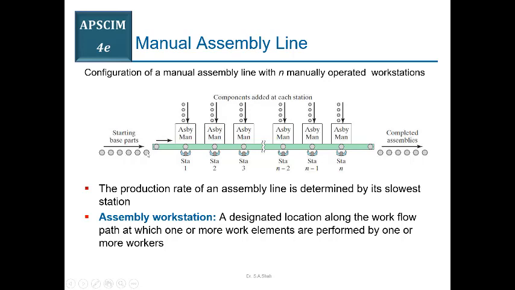So basically, in an assembly plant you have two types of transportation mechanisms. One is the main conveyor system, which moves the base part along the workstations, and the others are the sub-transportation schemes that move individual sub-assemblies to individual workstations.